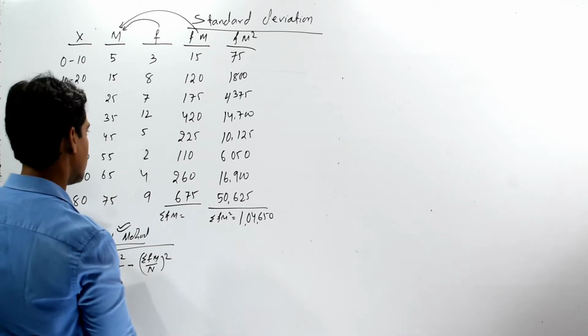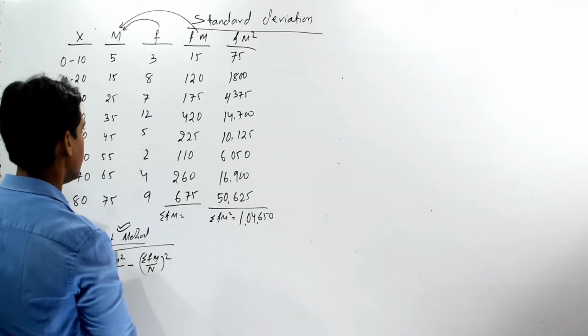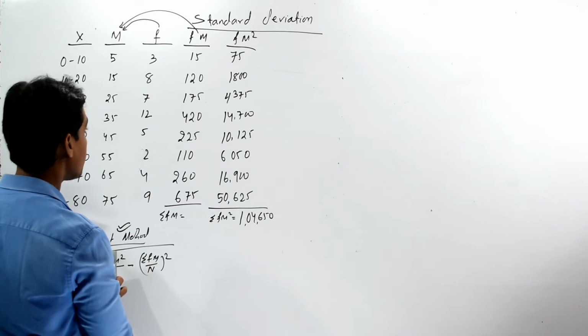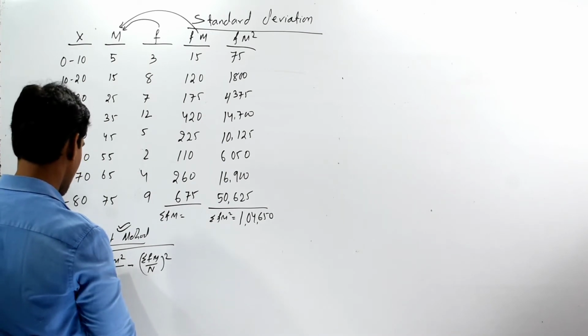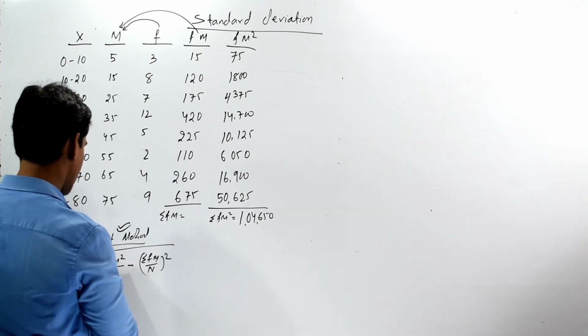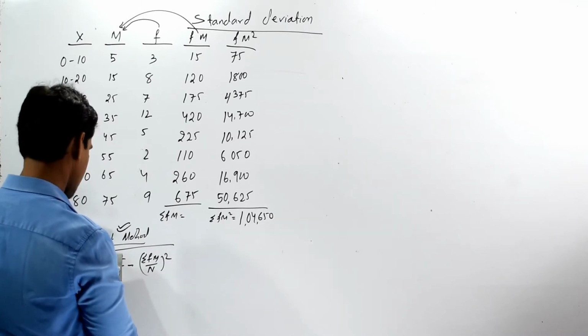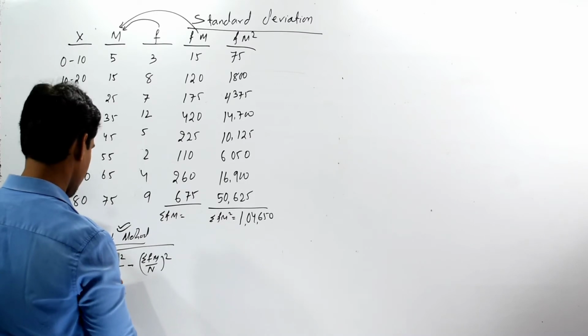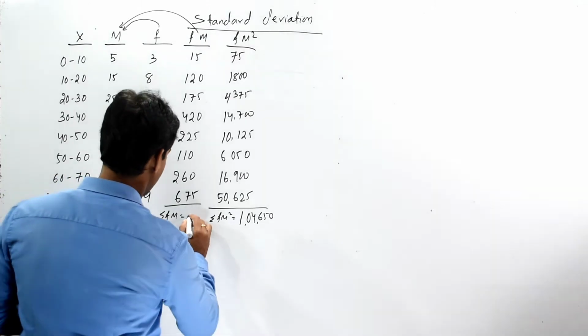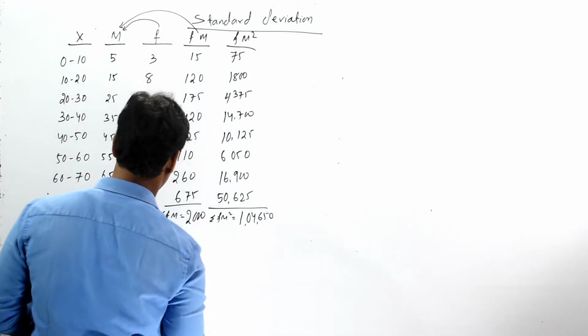And our summation of fm, that is 15 plus 120 plus 175 plus 420 plus 225 plus 110 plus 260 plus 675 equals 2000.